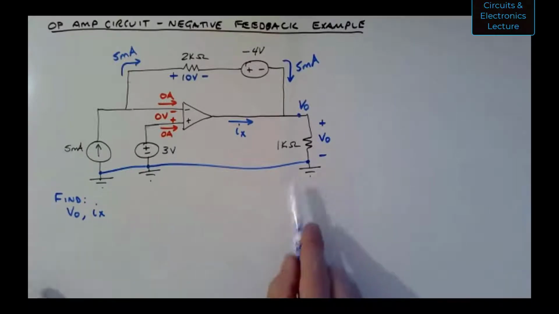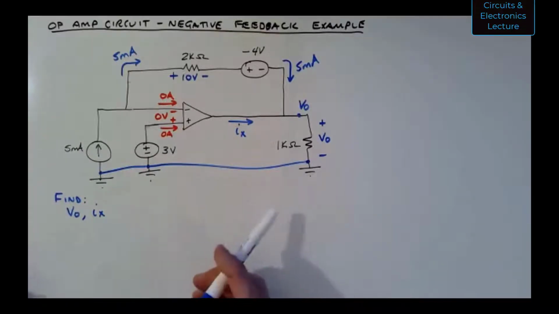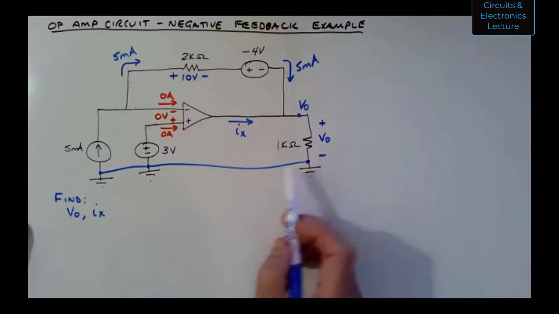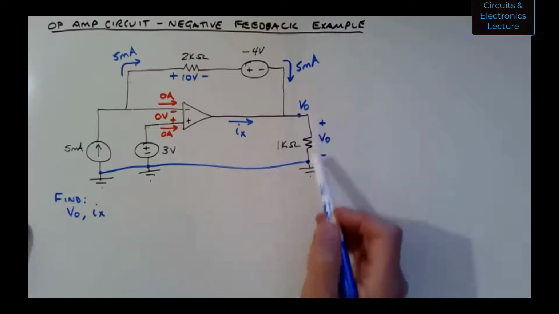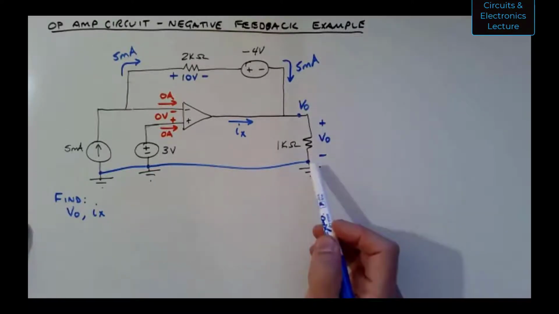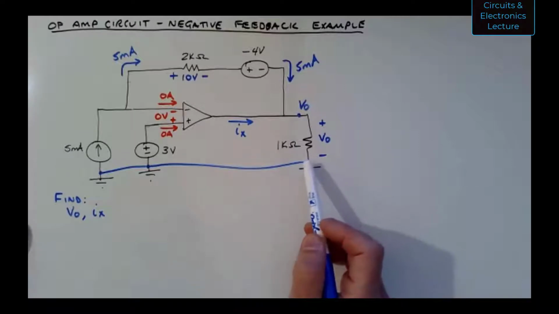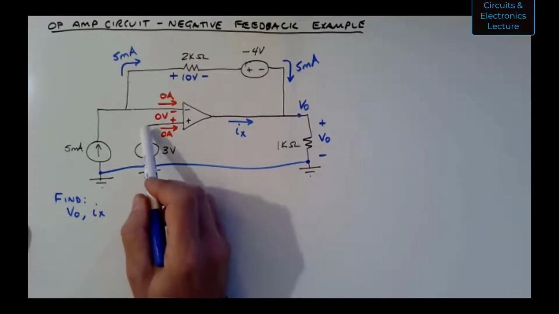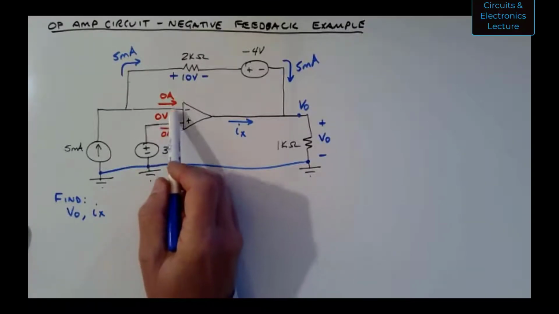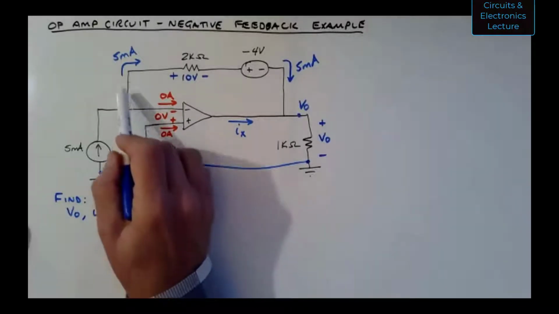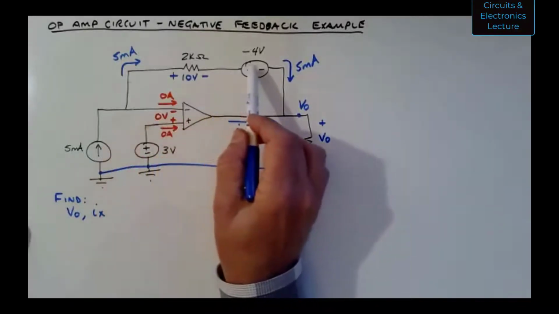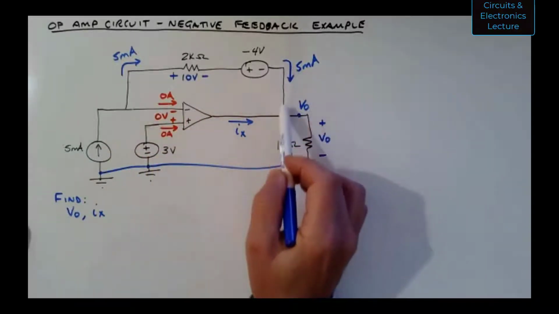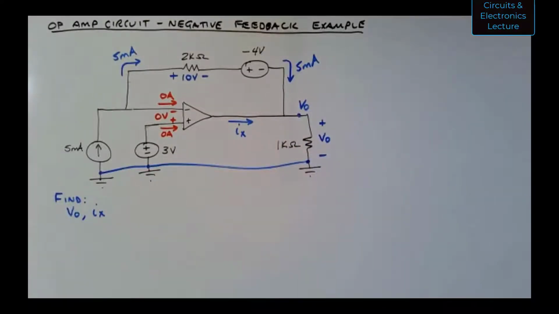And I can use that ground as part of a Kirchhoff's voltage law loop. I want some loop that has VO in it, and then other known voltages. If I come here, go this way, go up through this source, I know that voltage. I know 0 volts across the inputs, 10 volts across that resistor, I have that voltage across that source, and I'm back to my starting point.